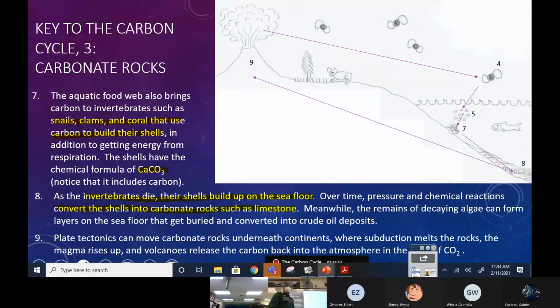Our best example of a carbonate rock is limestone. Marble is another one. You might have marble countertops or something. I'm sure you've seen marble statues. Those are carbonate rocks. At the same time, the remains of decaying algae are converted into crude oil.